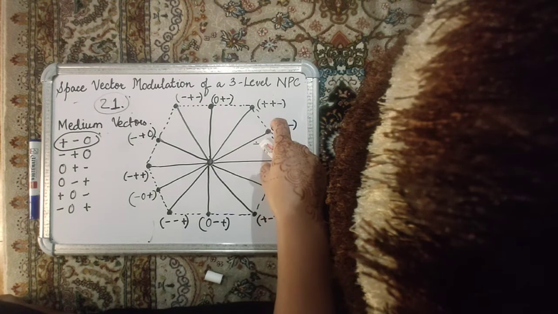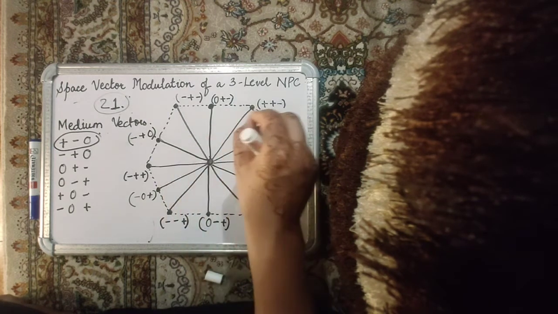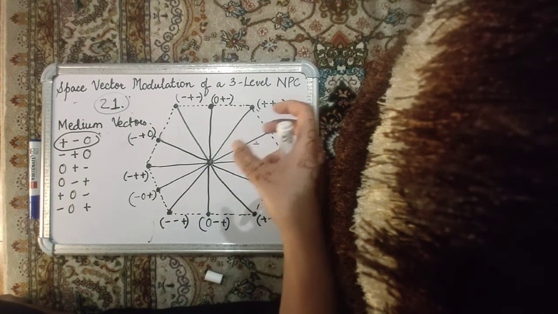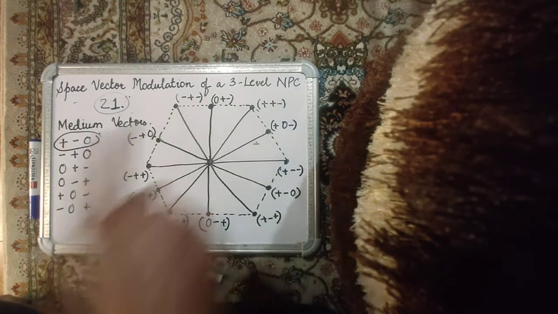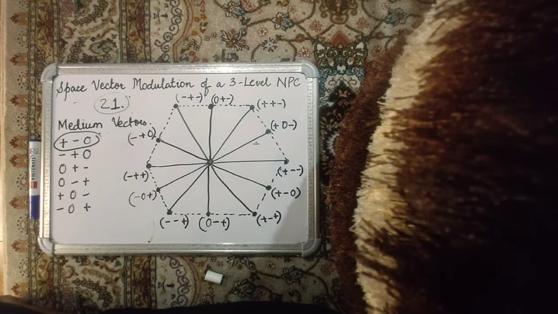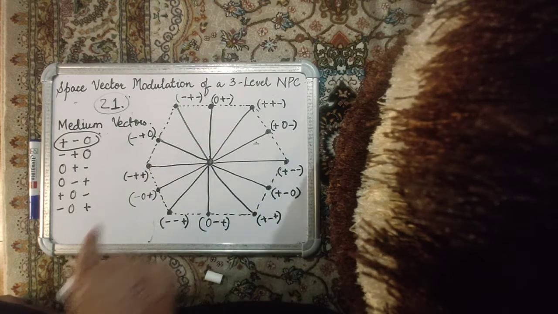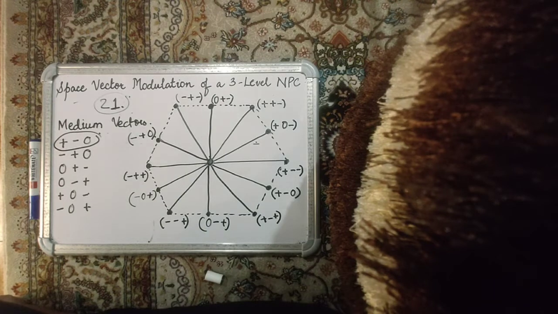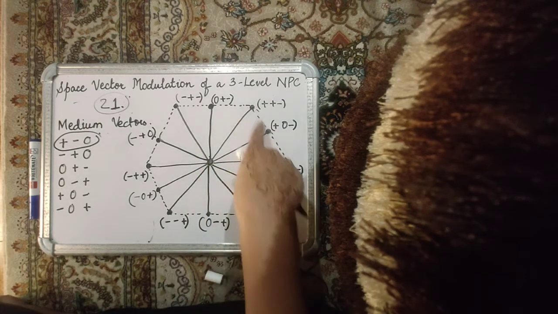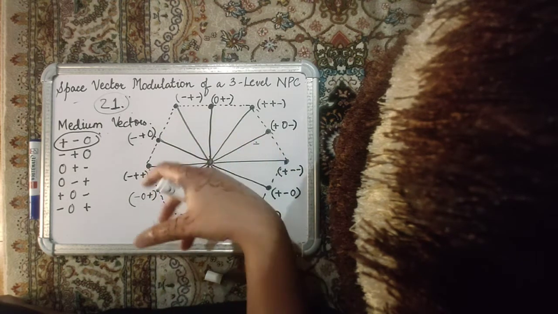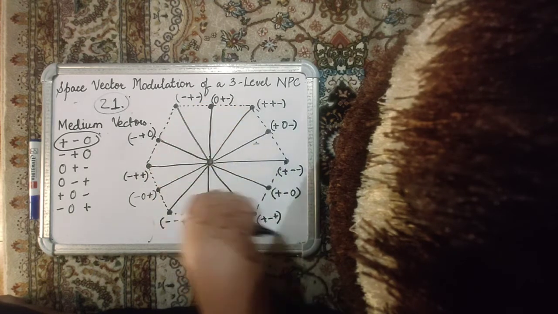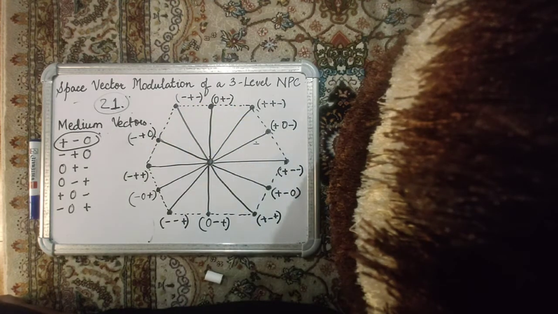The more number of points, the easier is the approximation of the circle, because the sine wave in the space vector domain reflects as a circle, and your main goal is to trace a circle within this hexagon through switching. If you have a larger number of points, then you can trace it more optimally, even without going for very high switching frequency, because you have more sampling of this space vector diagram. Okay, so this was about the medium vectors.